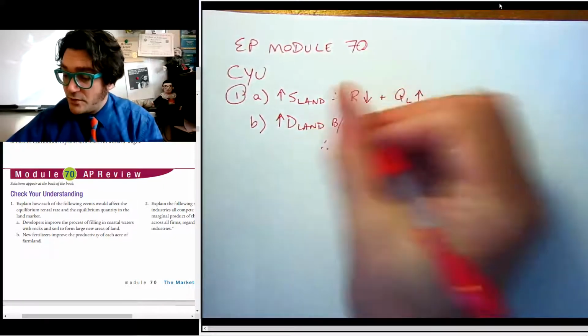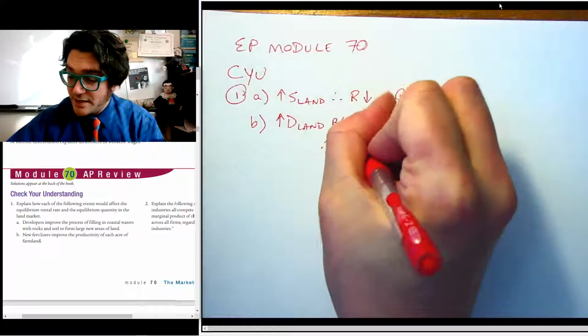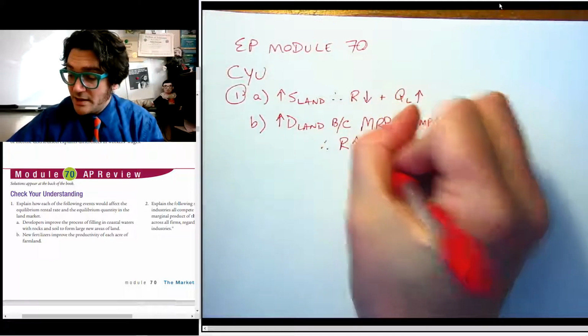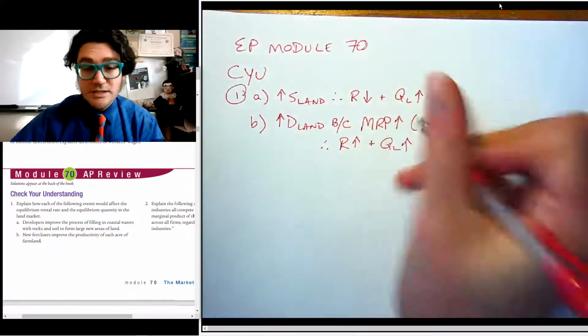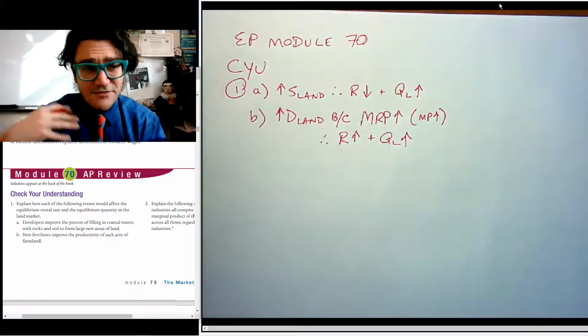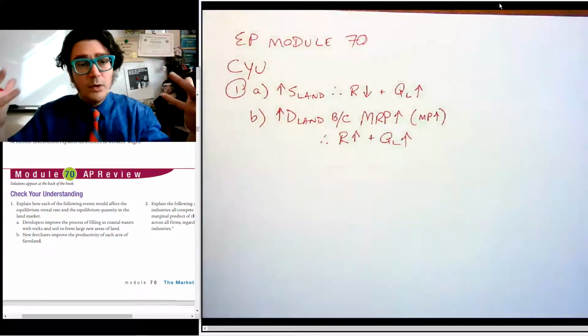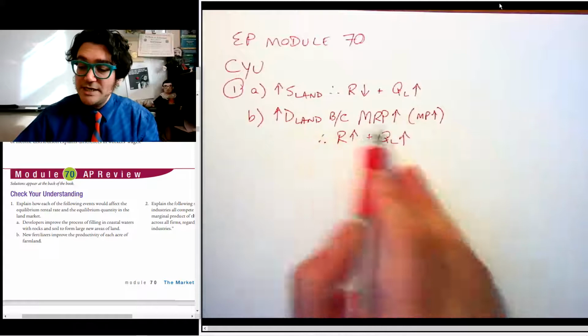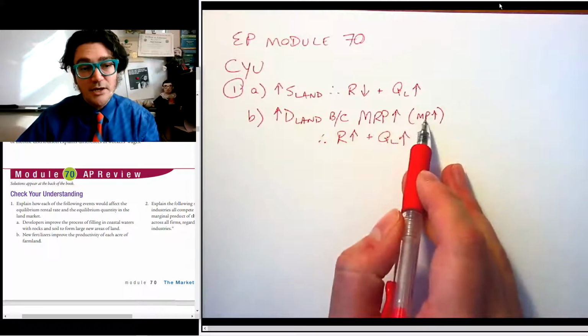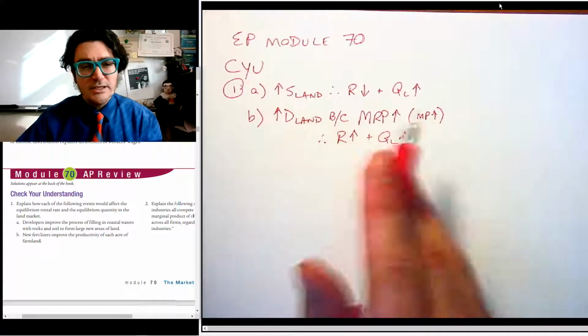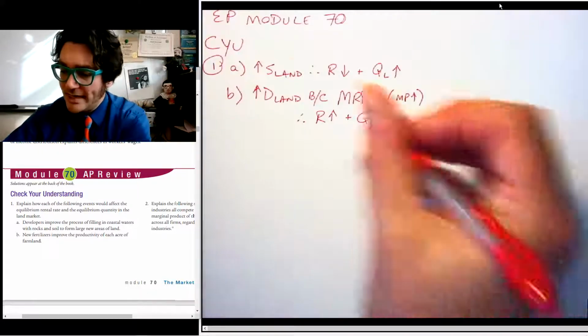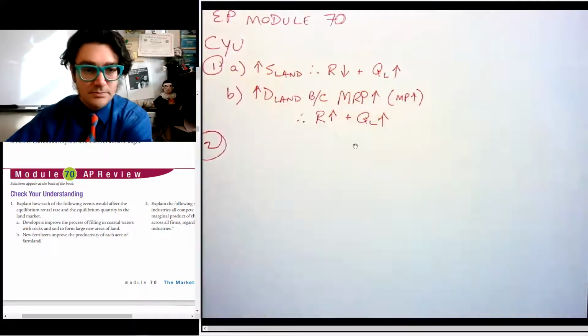And so we would expect the rental rate of land to increase and the quantity of land consumed to increase. Again, if the demand rises, the price goes up and the quantity rises. But the underlying understanding here is that if the marginal product is higher, then MRP is higher, and that is the demand for land. Let's take a look at number 2.